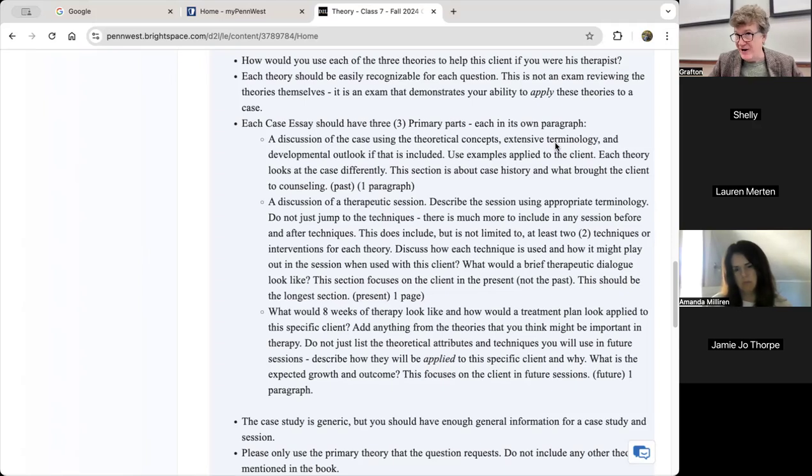How would I apply WDEP in future sessions? I'm not just going to say, I'm going to use WDEP over the next 8 weeks. No. How would you use each component of WDEP with this specific client on the concept of relationships, for example?